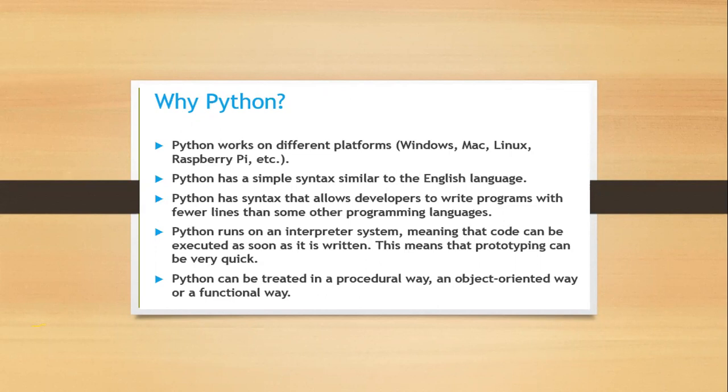We start maybe like printing a Python program that is able to print the word hello world. Maybe I will give you a comparison between the way C or C++ would print hello world on the screen and the way Python would print hello world on the screen. And from that, you will realize that it has very few lines when you're working with Python.